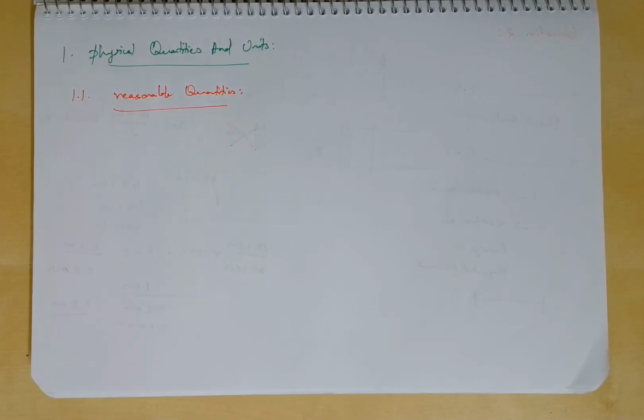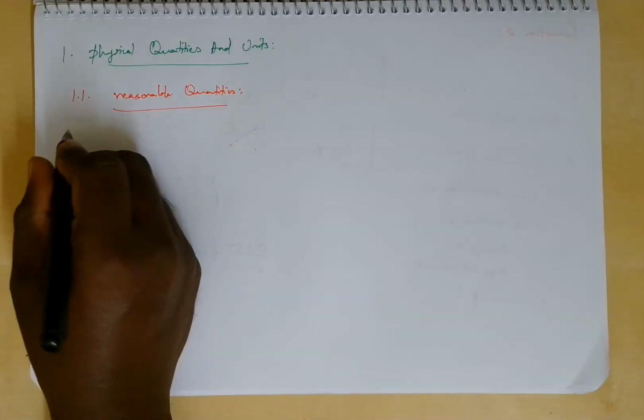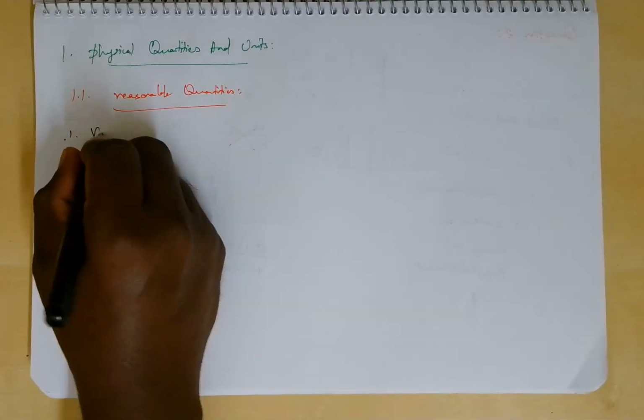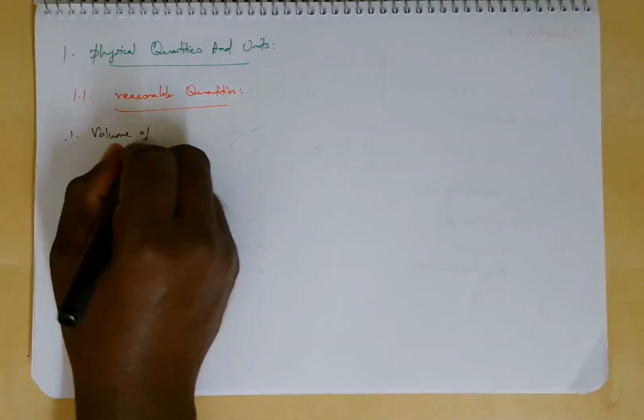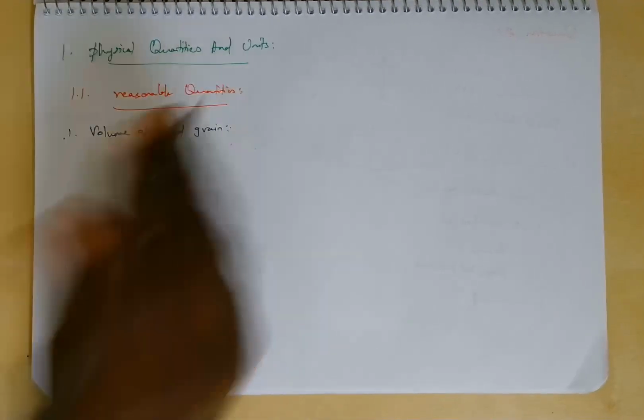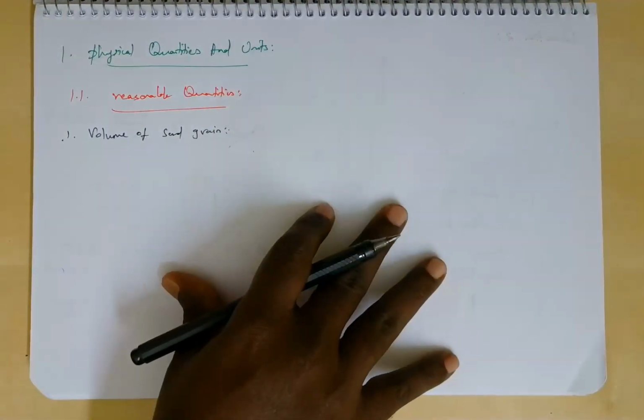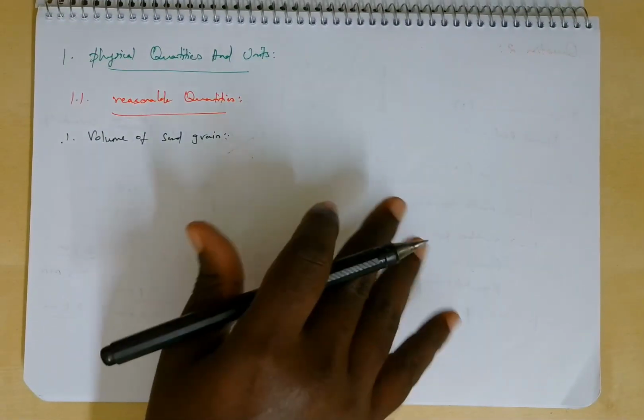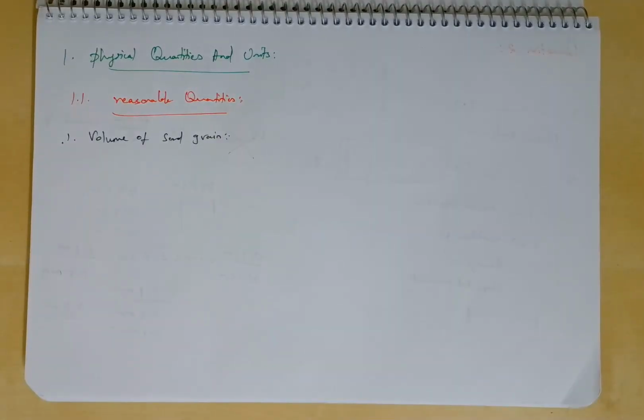For example, let's do the volume of a sand grain. No magnitude is given, no unit is given, so you have to figure it out. For example, work this out.